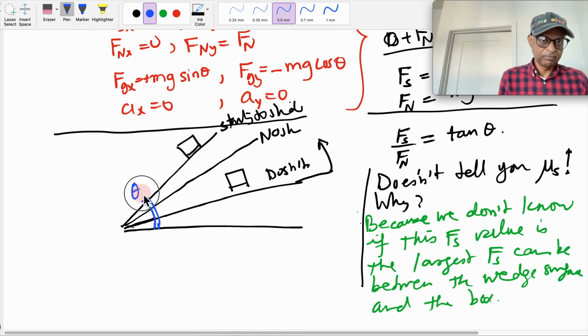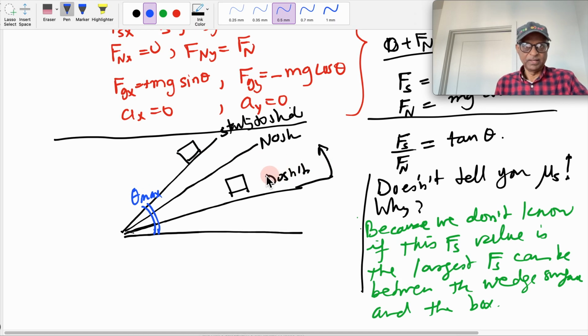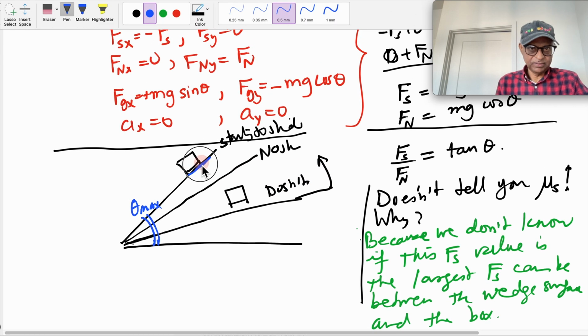This is theta max. Of course, if you look at fs just before theta max, almost theta max minus epsilon, a very tiny amount, a small angle, it's still not sliding.